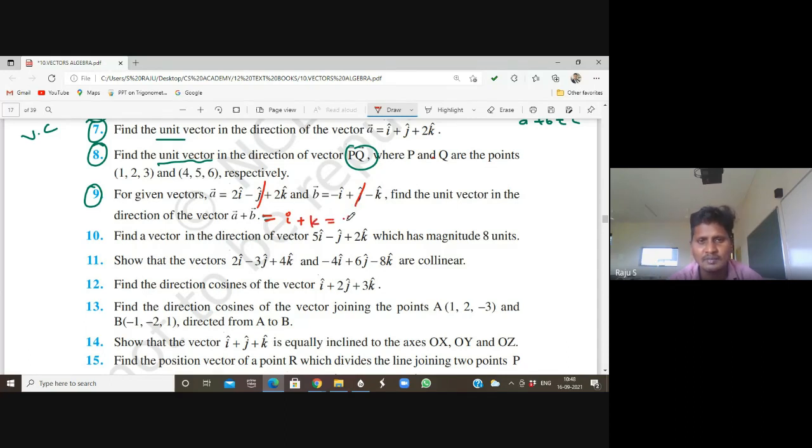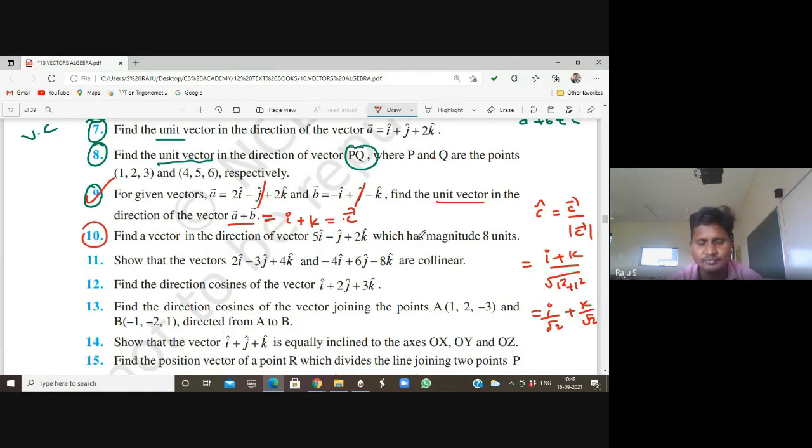I am taking a plus b as vector c. They are asking for the unit vector of a plus b, nothing but the unit vector of c. C cap is equal to vector c by magnitude of c. Vector c is I plus k, magnitude is root over 1 square plus 1 square, that is root 2. So I by root 2 plus k by root 2. This is the answer for this question. You can do this question.